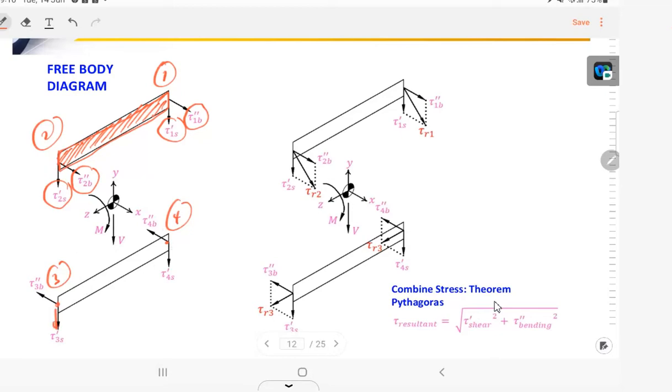Kan? Ke arah bawah. Tapi for the bending, direction dia berbeza. Satu keluar, satu ke dalam. This direction, one here and one is here.